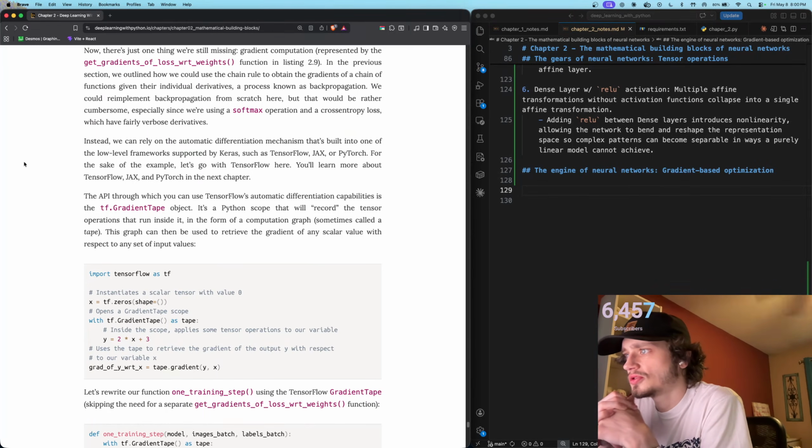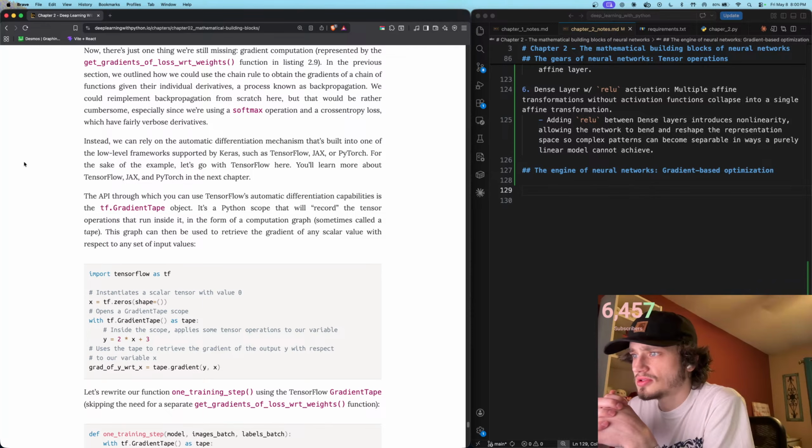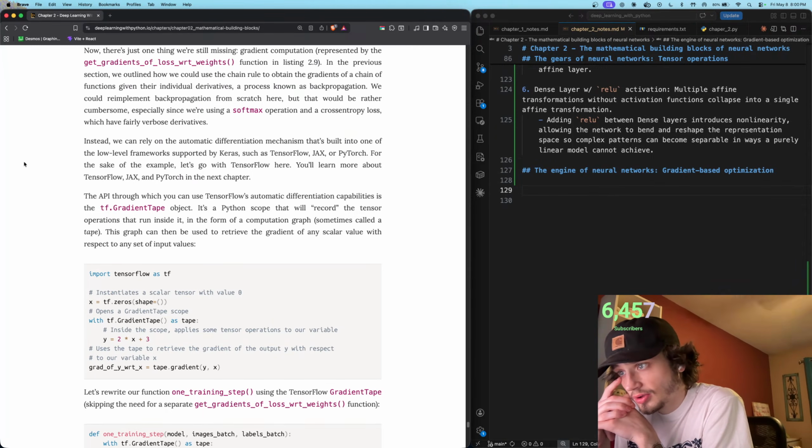This graph can be used to retrieve the gradient of any scalar value with respect to any set of input values. So import TensorFlow as tf. x = tf.zeros(shape=()) initiates a scalar tensor with value 0. Opens a gradient tape scope with tf.GradientTape as tape.